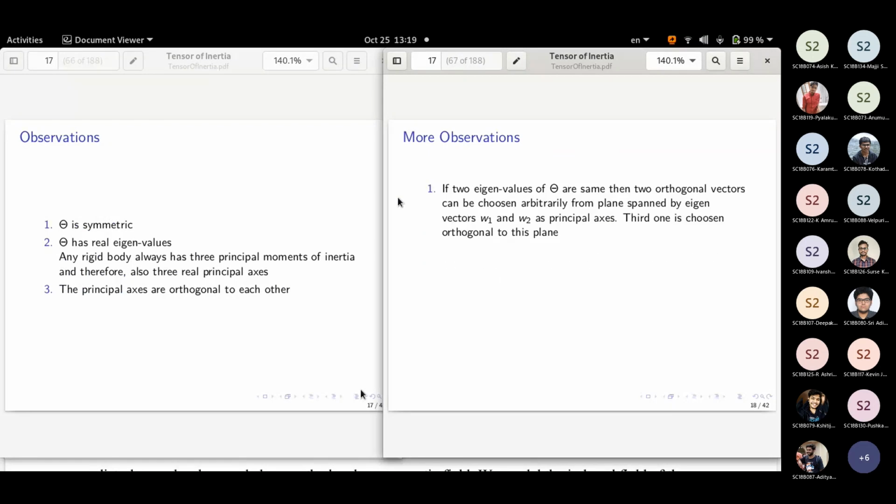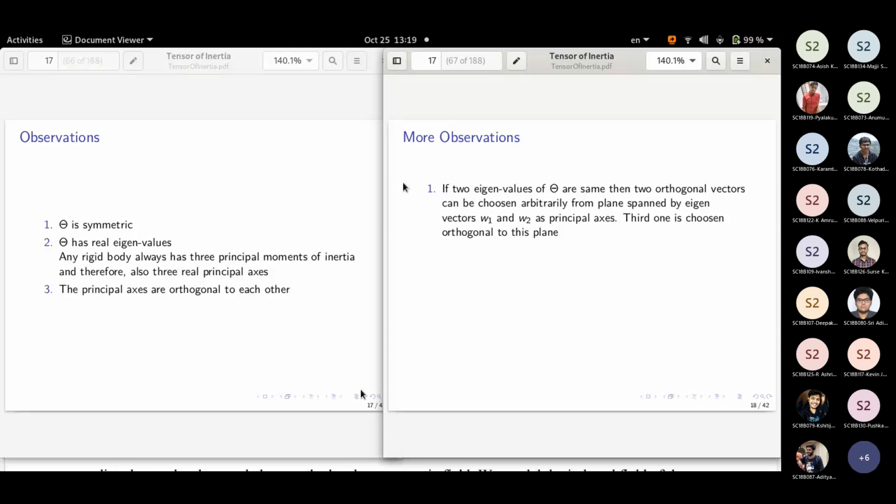Some simple things we will see. If two eigenvalues of theta are the same, then the two orthogonal vectors can be chosen arbitrarily from the plane. That means there is some freedom once in a while. For instance, if you choose a cylinder, you will notice that two eigenvalues of the tensor of inertia matrix will be the same.